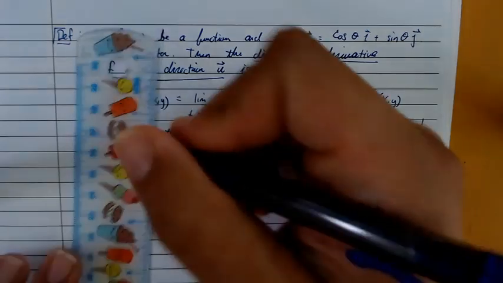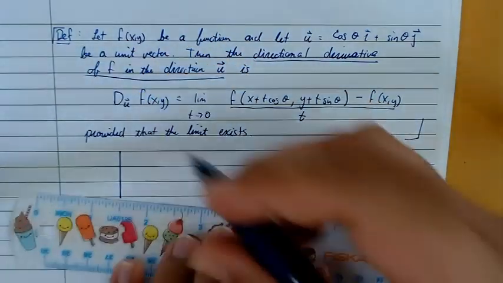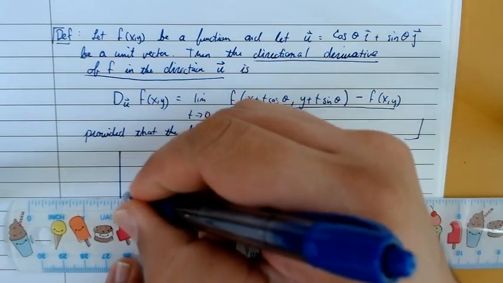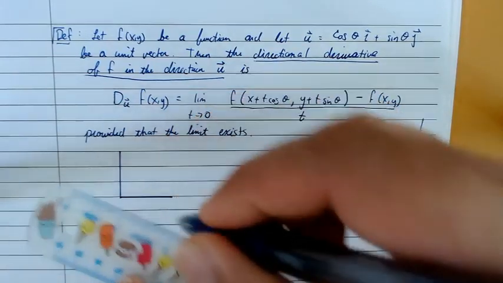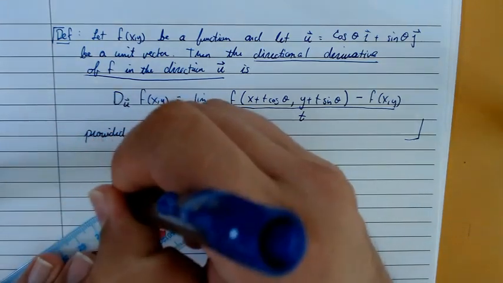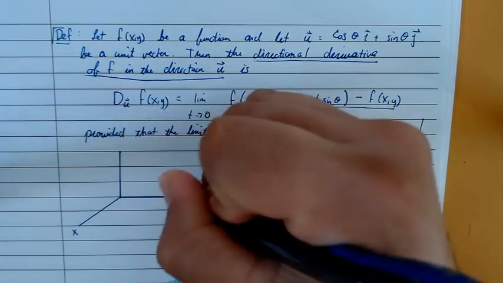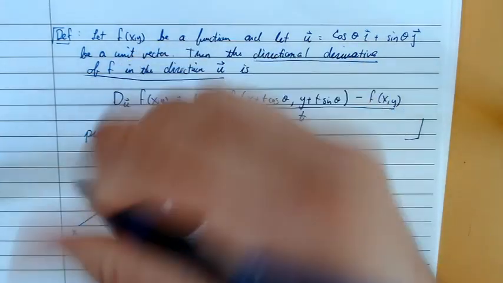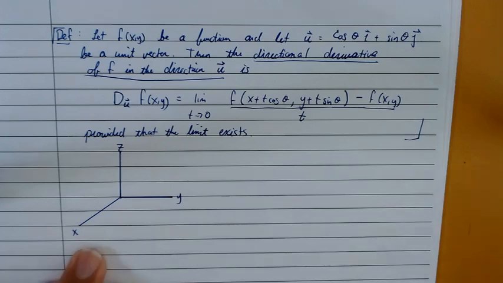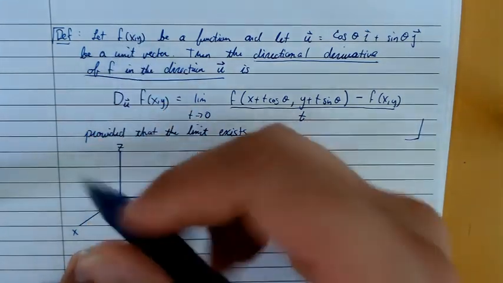All right, so let's draw a coordinate system. As always, we have a right-handed coordinate system, so we'll call this x, y, and z. Let's have some function of two variables, that's z equals f of x comma y.